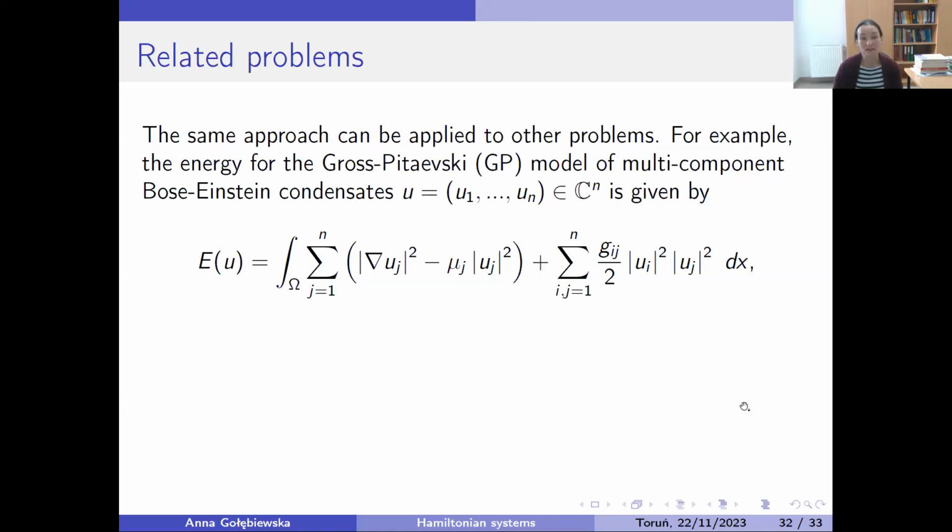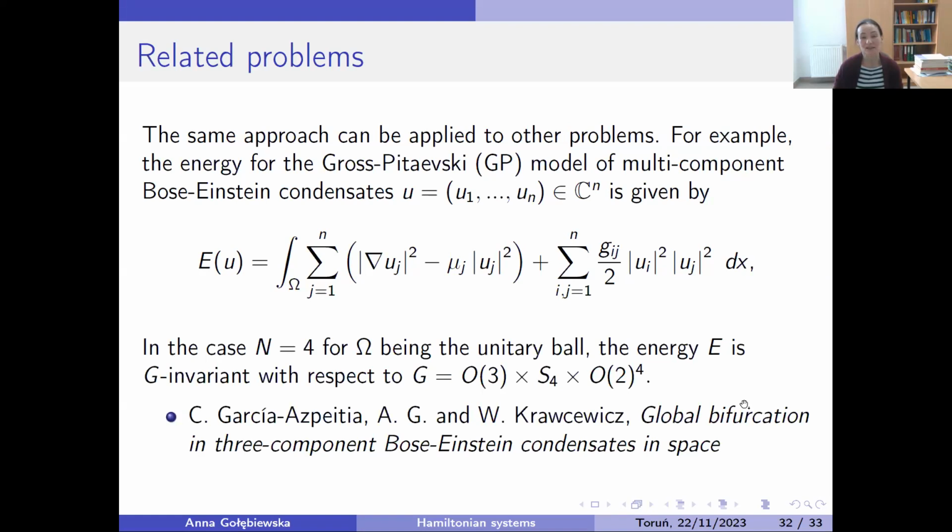But the symmetry here is even more complicated, because in the case we are studying, which is the case n equals 4, and omega being the unit ball, the energy has a large group of symmetries. This group is O(3), the orthogonal group of dimension 3, times the symmetric group S4, times 4 copies of the orthogonal group of dimension 2.